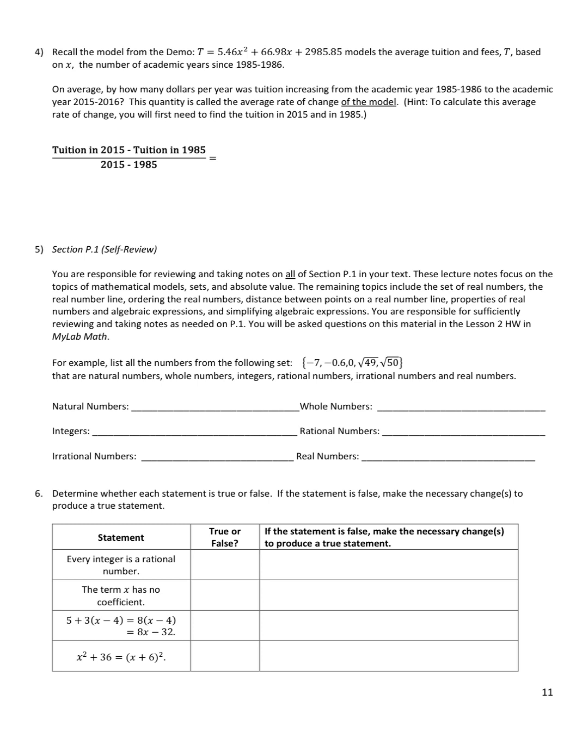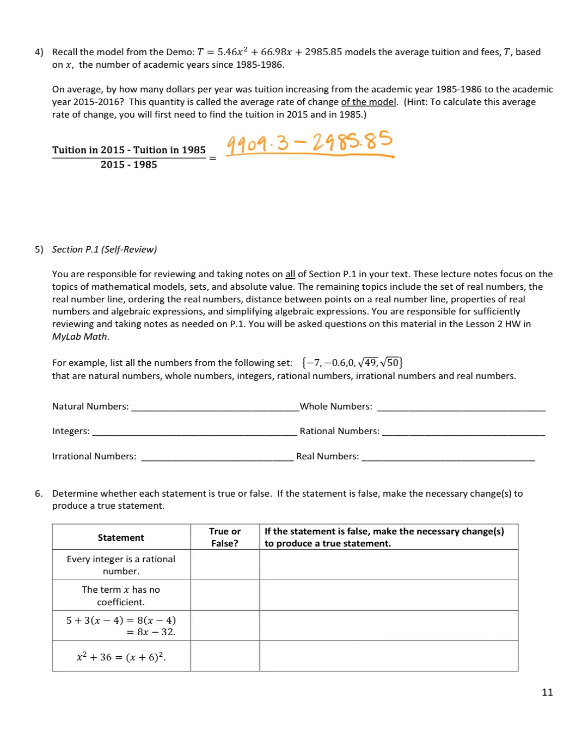So the tuition in 2015, I'm just going to plug a 30 into the model, and you get 9,909.3. And then in 85, that's year 0. If I put a 0 into the model, I get 2985.85.